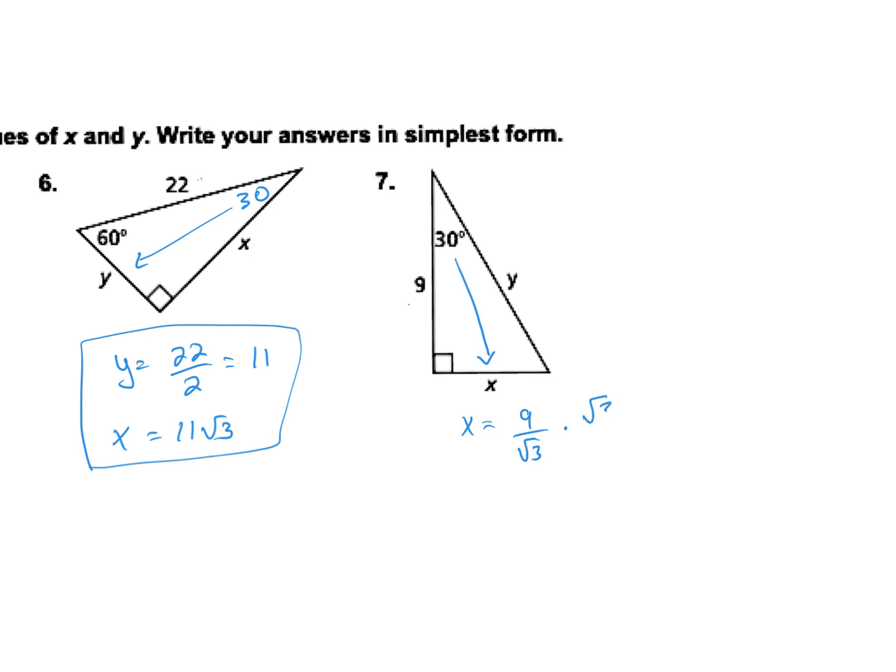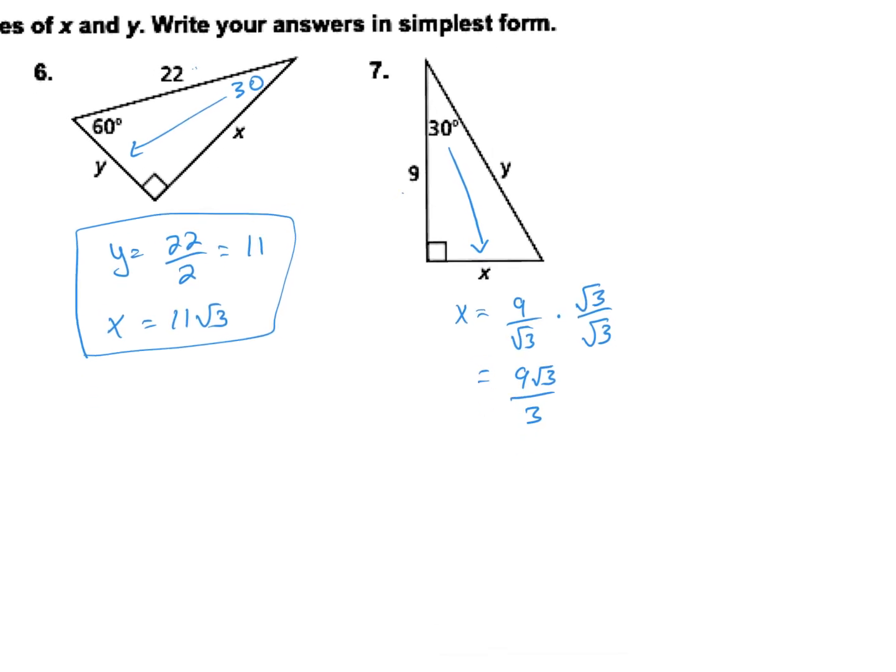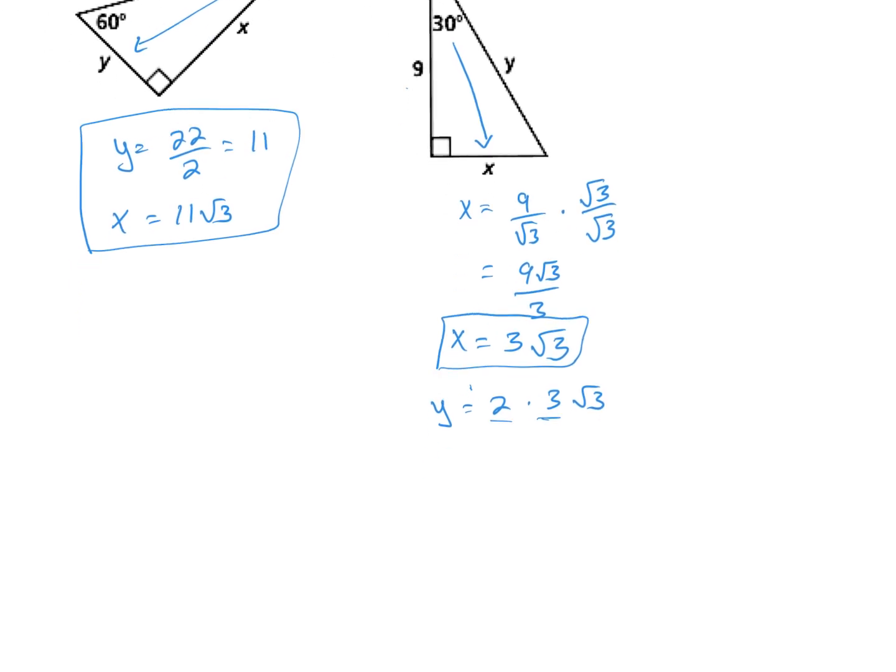I need to simplify, so I'm going to multiply by root 3 over root 3, which gives me 9 root 3 over 3. 9 divided by 3 is 3, so x equals 3 root 3, and y is twice this distance. So y is 2 times 3 root 3, and I only need to multiply the numbers in front of my radical, so this is 6 root 3.